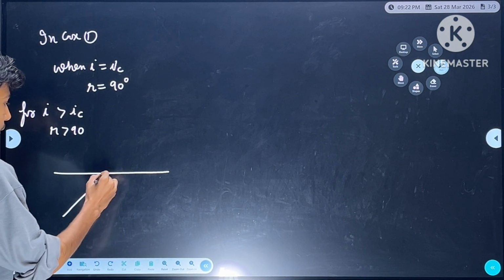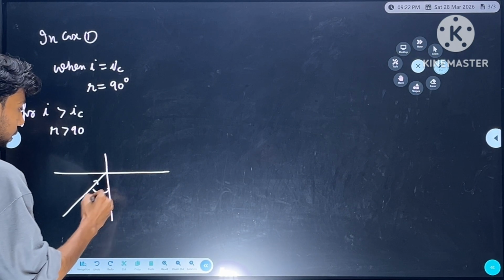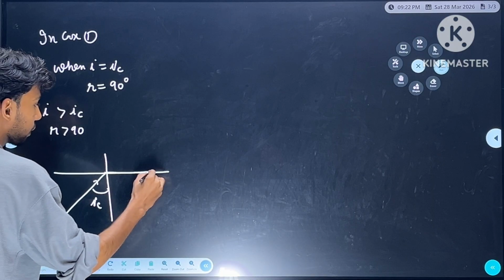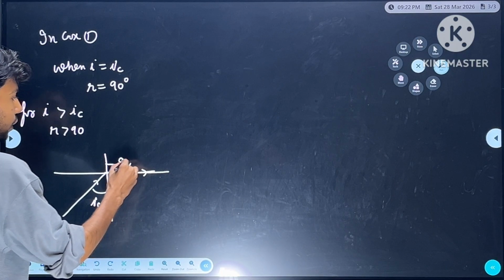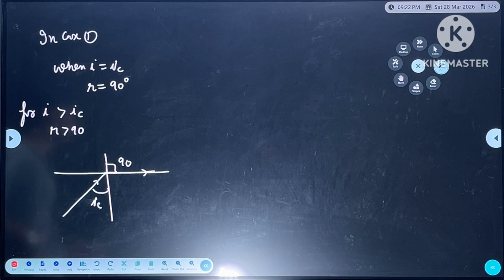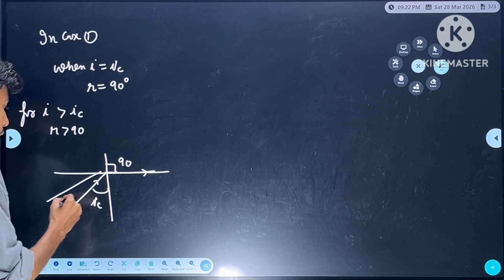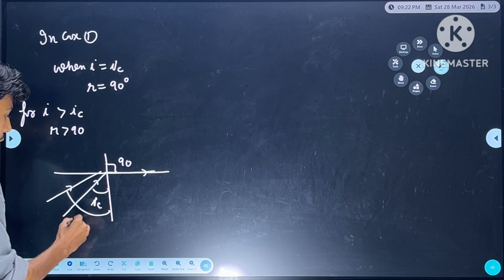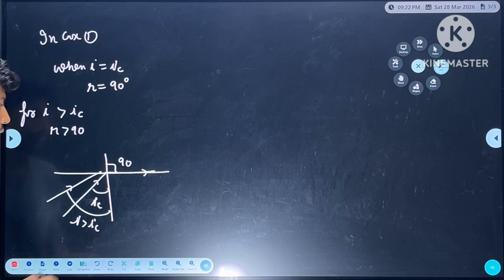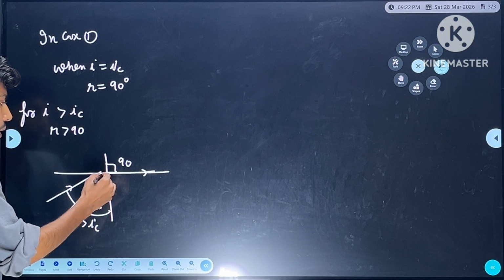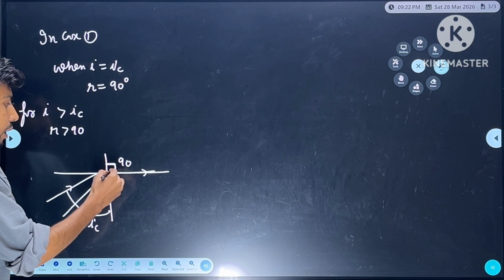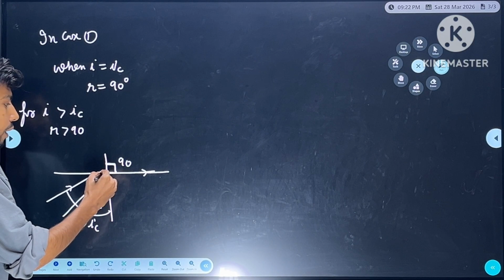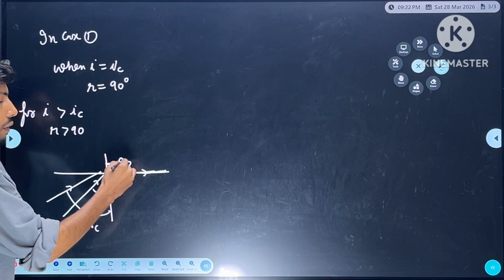What does that mean? The critical angle IC was the angle for which the angle of refraction is 90 degree. So for any angle greater than the critical angle, R has to be greater than 90 degree.